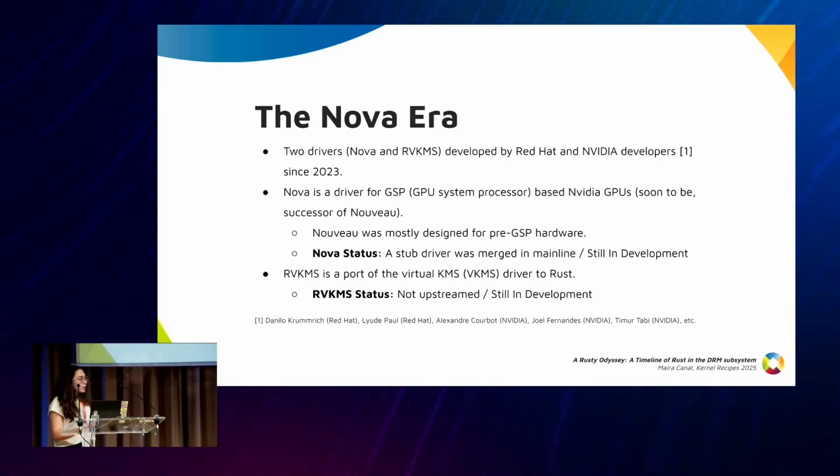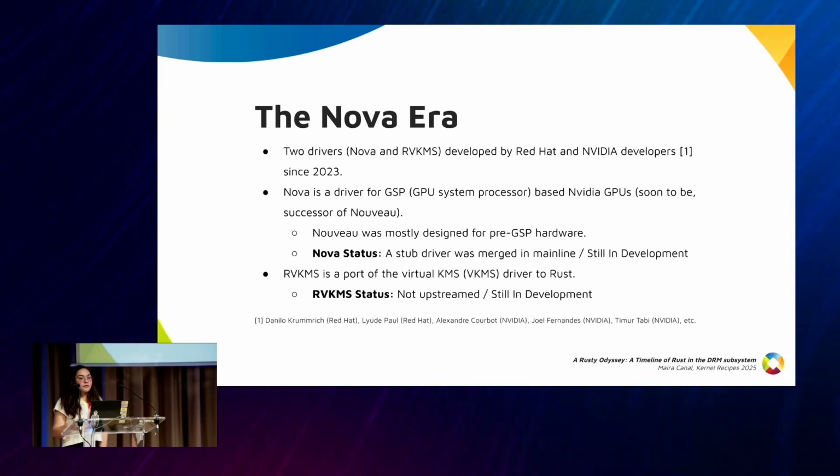And why did they decide to write a new driver? From the documentation of the Nova project, we can see that Nouveau was, for most of its part at least, designed in the pre-GSP era. By the way, GSP is GPU system processor. And Nouveau was written around 2009, and its authors back then had to reverse engineer a lot of the hardware. This means that the code base right now can be a bit tricky to maintain.